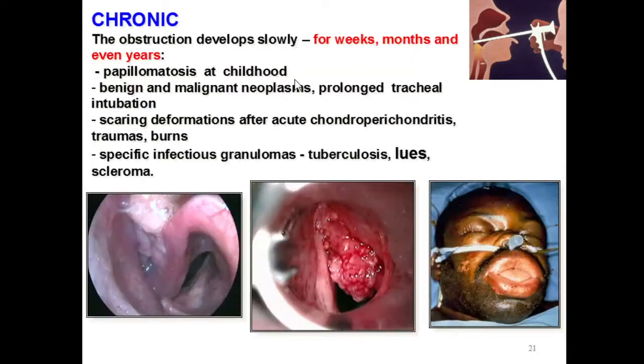And chronic stenosis: the obstruction develops slowly for weeks, months, and even years.